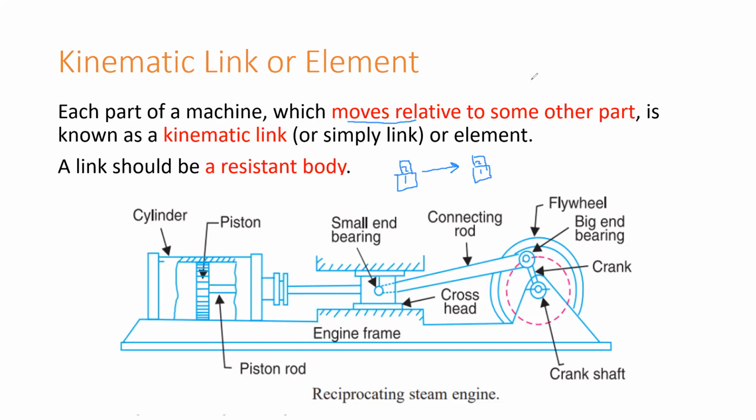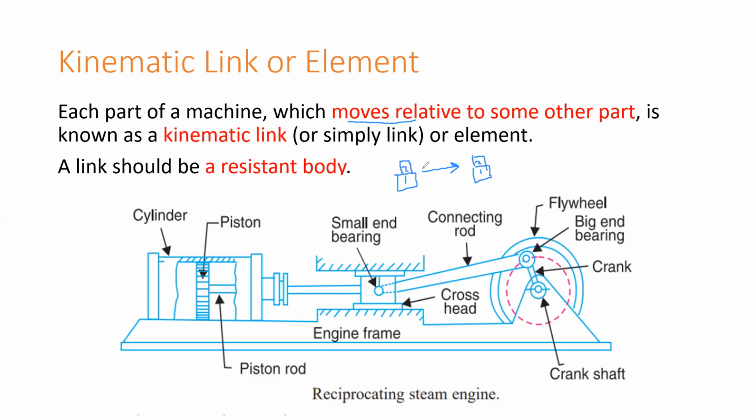Yes, correct. There is no motion between 1 and 2. So you can say that parts 1 and 2 are not separate parts. We will consider them as a single one. Suppose we are studying KOM: we will say that 1 and 2 are not separate links. We will consider them as a single link. So that is the criterion.